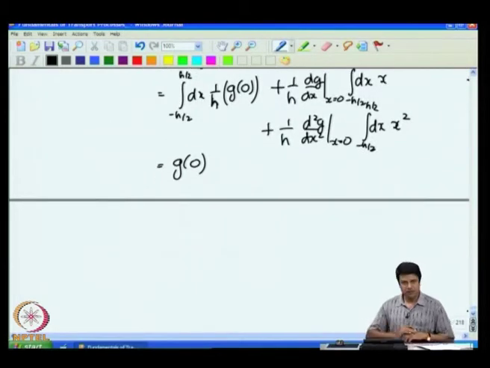So, this was when the delta function was at the origin. The delta function can be at any position.